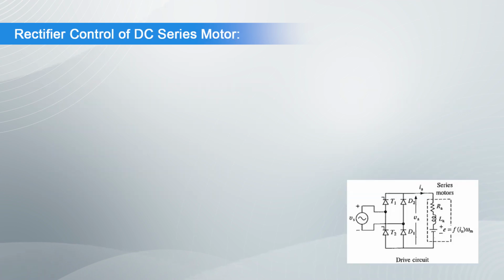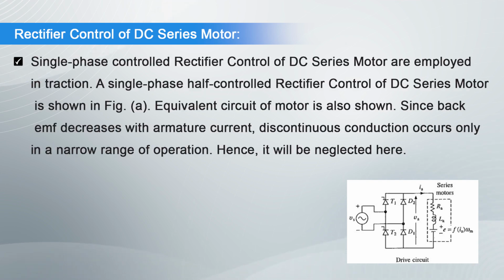A single phase half controlled rectifier control of a DC series motor is shown in the figure. The equivalent circuit of the motor is also shown. Since back EMF decreases with armature current, discontinuous conduction occurs only in a narrow range of operation.